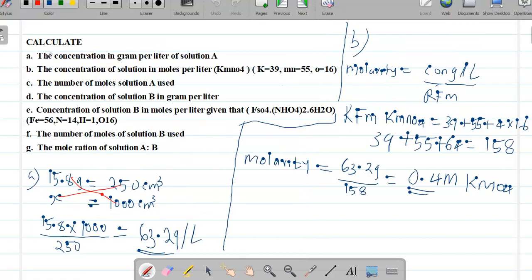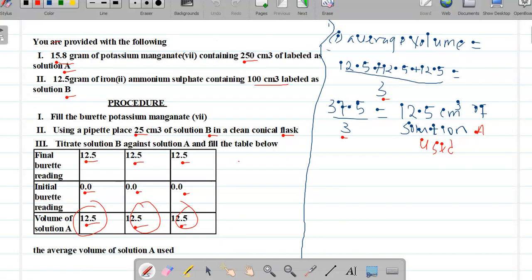We have this question: calculate the concentration in gram per liter of solution A. In solution A we have the mass 15.8 gram and the total volume, which is 250 centimeter cubed.